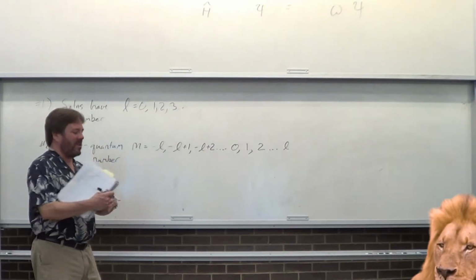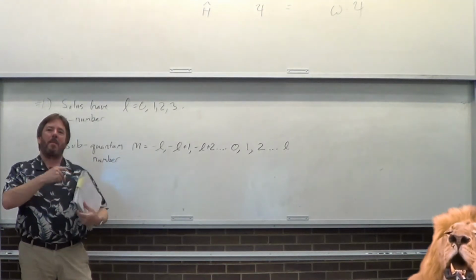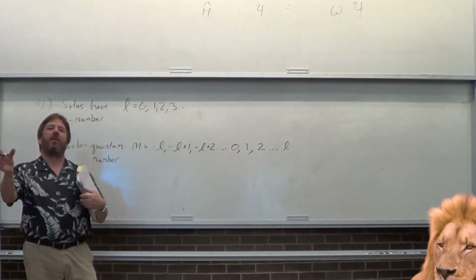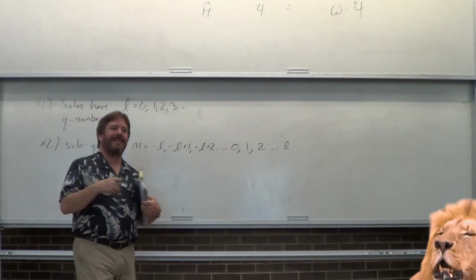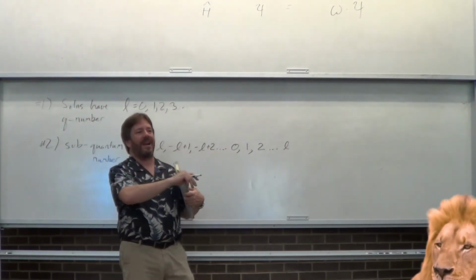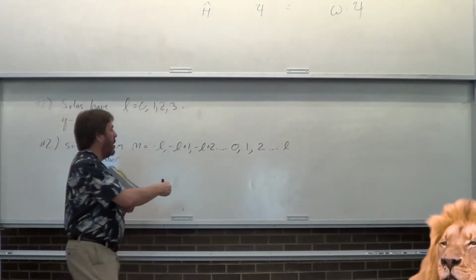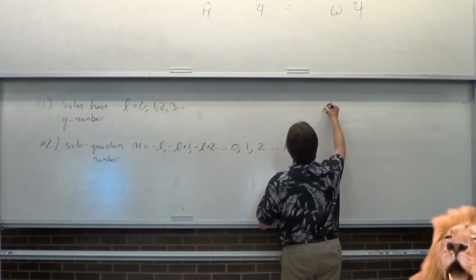Now my question to you is, you actually know what those are. What's L equals 0, M equals 0? A what? Yes, it would be the ground state. How many nodes do you have? There'd be none. So the wave function, let's do this. L equals 0.